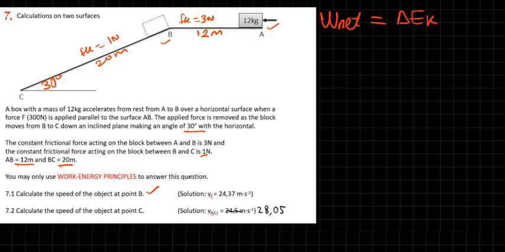At this point, we should find all the forces acting on the object and figure out which of the forces do work on the object. As the object is on this horizontal surface, we have the normal force, the gravitational force, the friction, and the applied force. The direction of motion is to the left.